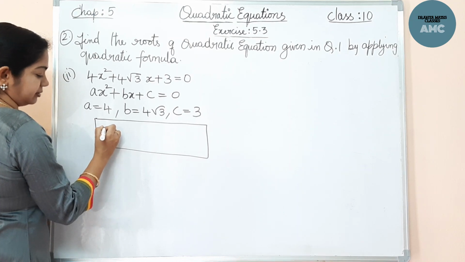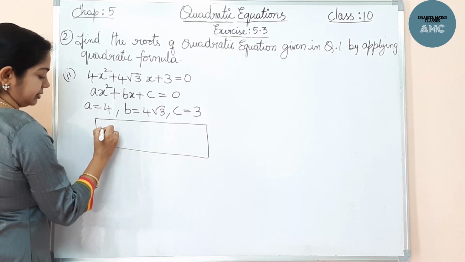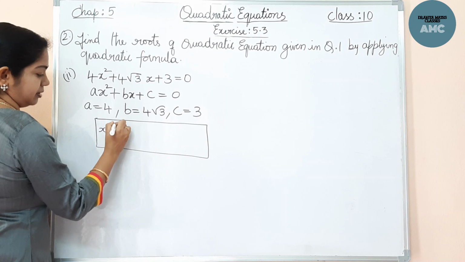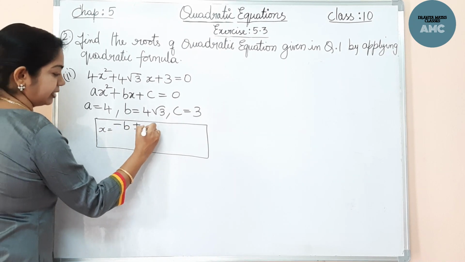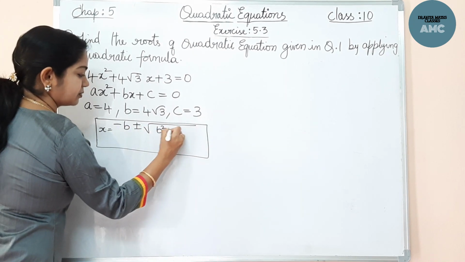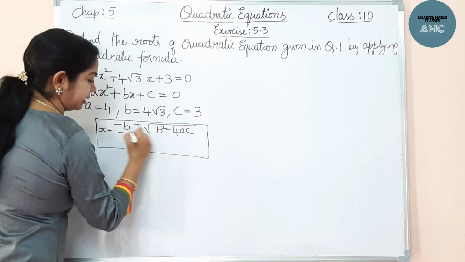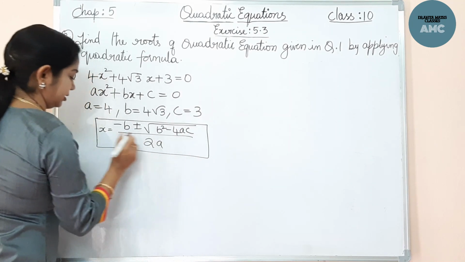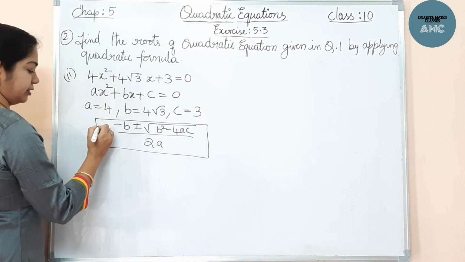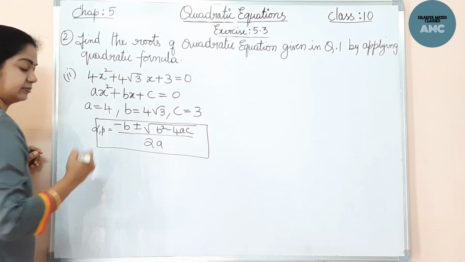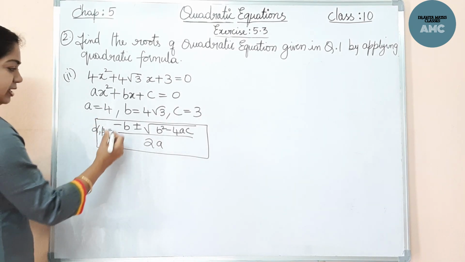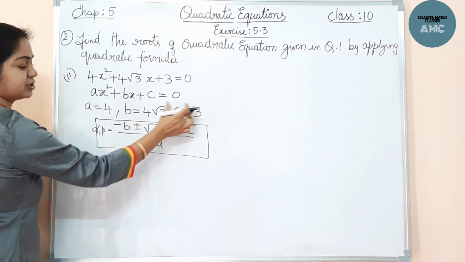The quadratic formula is x is equal to minus b plus or minus under root b square minus 4ac, by 2a. You can write x or you can write alpha, beta. Alpha, beta are the roots. Now in this formula, we will be just substituting the values.